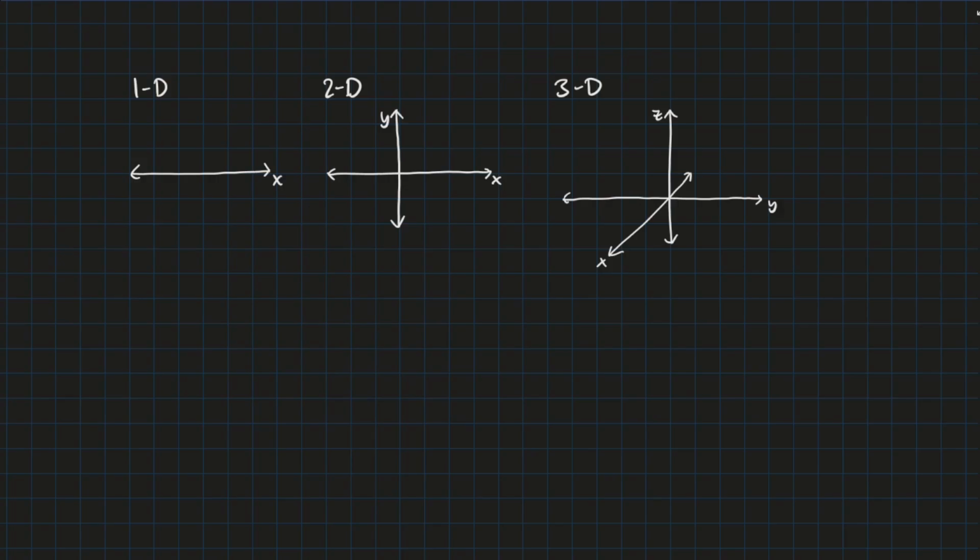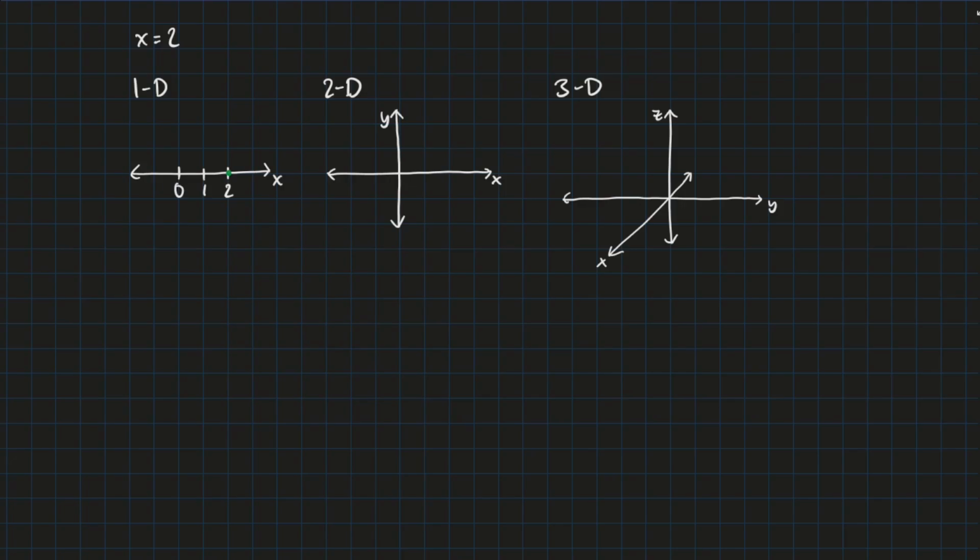Alright, so now let's compare the 3 dimensions. Let's say we have x equals 2, and we wanted to plot it in these 3 different graphs. So in 1 dimension, it's like a number line. You have 0, and then going to the right, you have 1, 2, and we would just have a point at x equals 2 in 1 dimension.